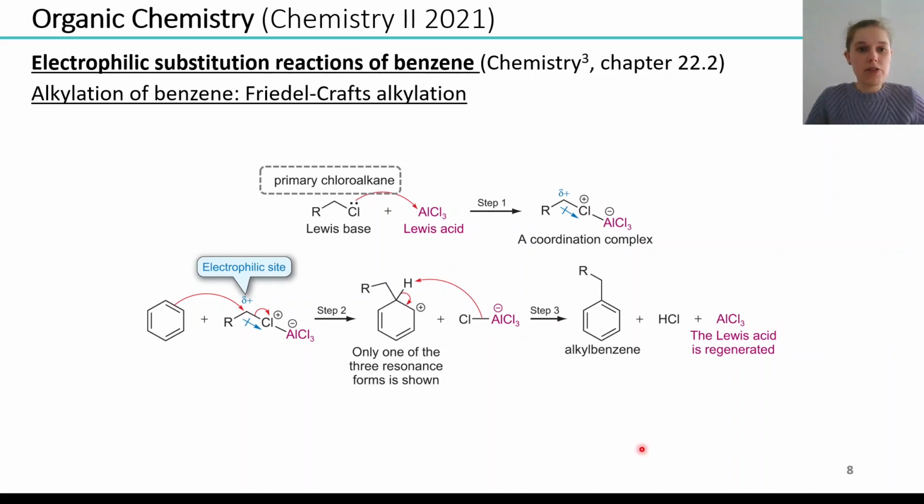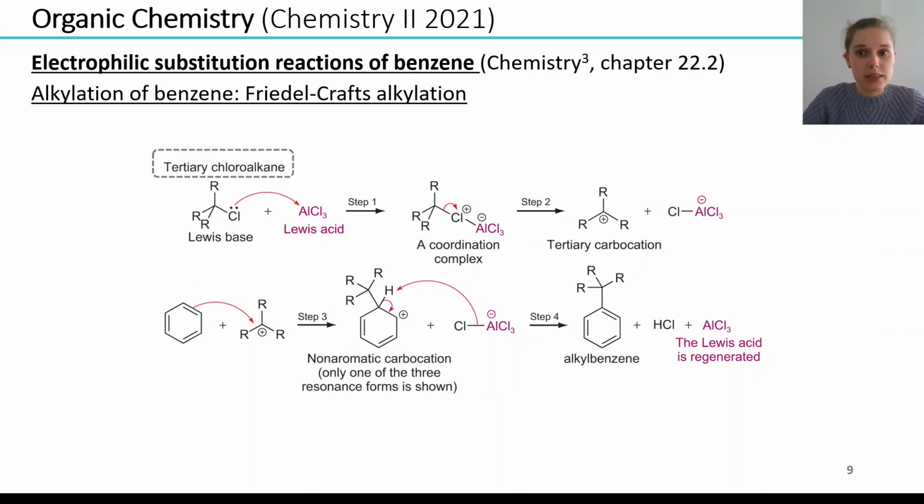What is very important to see, if you have a look at our product, is that this is the first time in electrophilic substitution reactions of benzene that we produce a new carbon-carbon bond. For all other electrophilic substitution reactions, we never saw the addition of a new carbon-carbon bond.